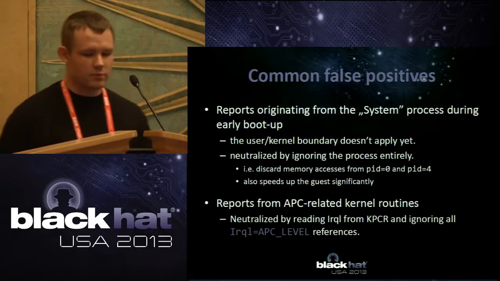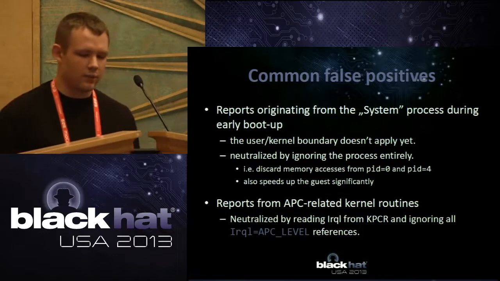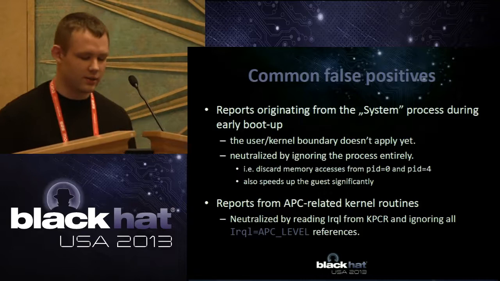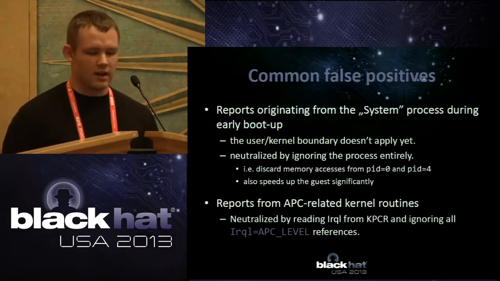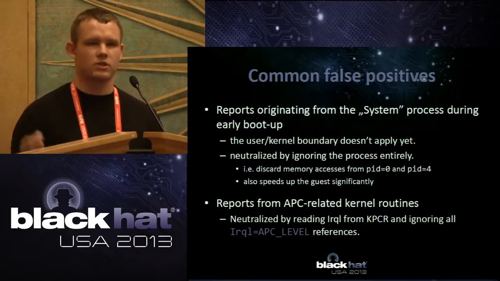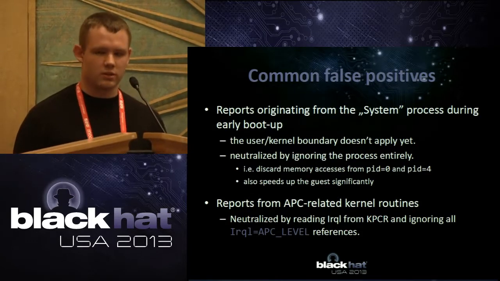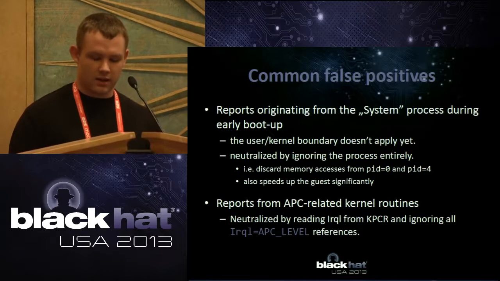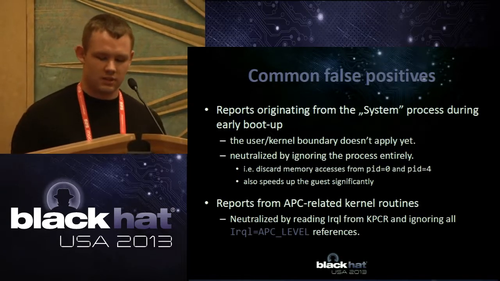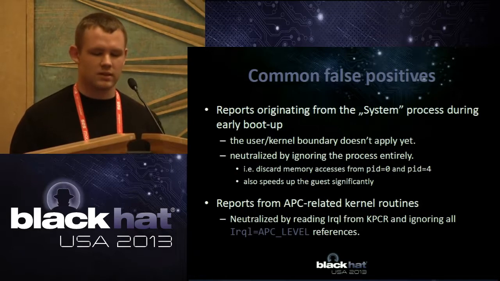So when it comes to the false positives that we encountered when we were running Windows on Bochspwn, there's quite a few of them. The first one is reports originating from the System process, which is the most important process in Windows. It is a kernel mode process entirely, and its main activity is when the system boots.